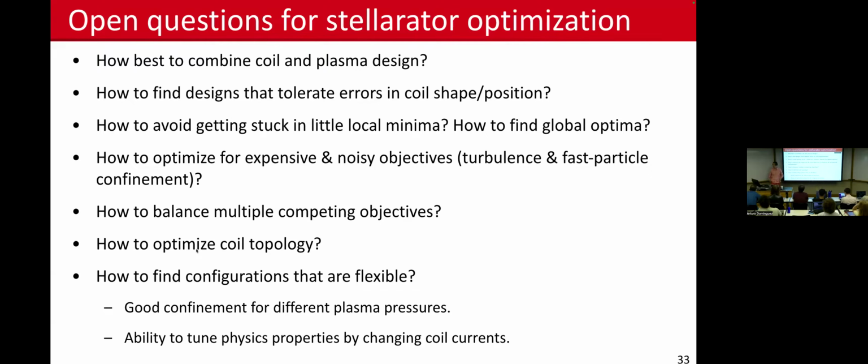For the filaments you saw, you have to describe a curve in space, and you don't want that to intersect with the plasma or with other coils. Often that prevents topology changes where a coil was interlinked with the plasma and at the end it's not interlinked, which would have to go through the plasma. So it's challenging to figure out how to do that with some of these existing methods.